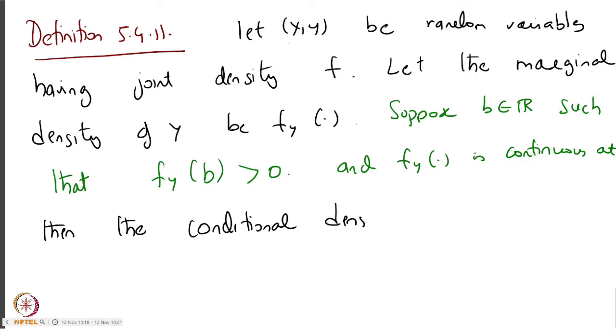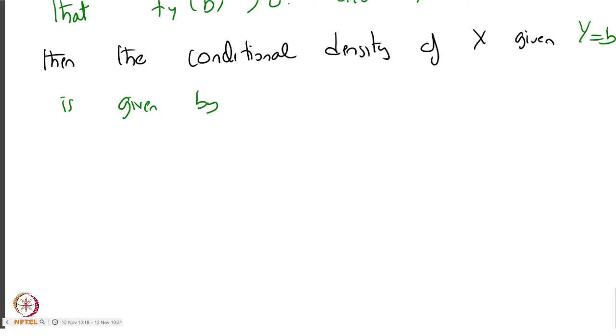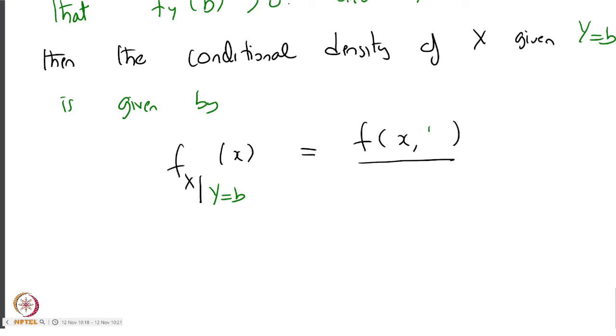The conditional density of x given y equal to b is given by f sub x given y equal to b at the point x is going to be equal to f at the point (x, b), where y equals b, divided by f sub y at the point b, for all real numbers x.